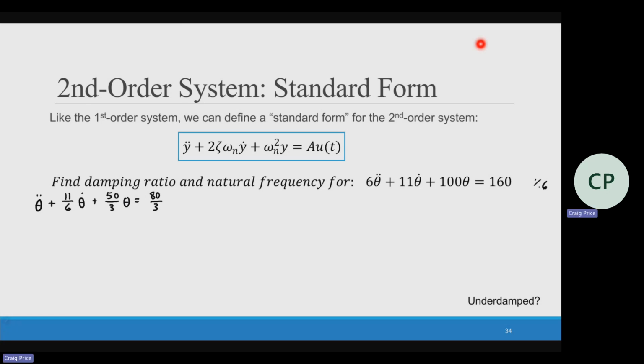Just make sure you always divide both sides by the same number. And then now I have it in standard form. So this is equal to 2 zeta natural frequency. This is equal to natural frequency squared. So we can find those values.